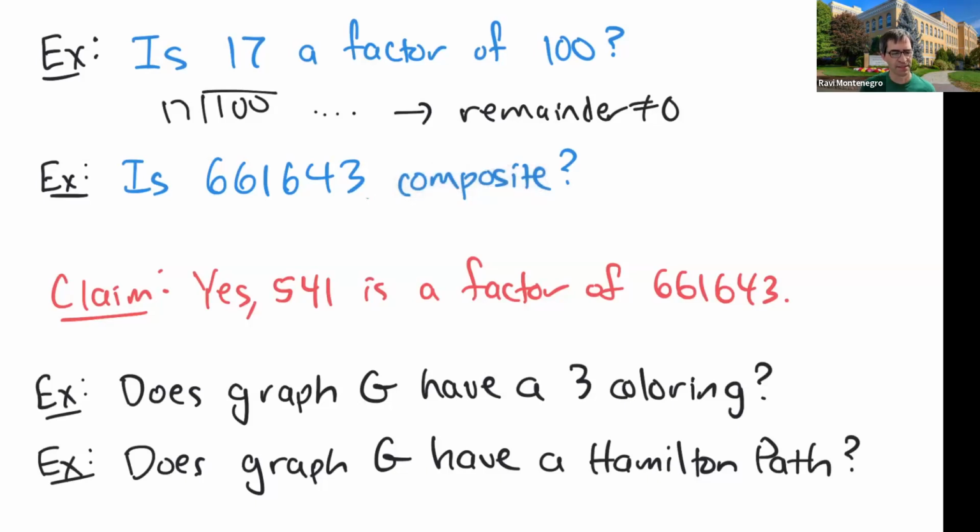Let's ask another question. Does this graph have a 3 coloring? I haven't given you a graph, just does a graph. Well, this is very surprising, but this is an NP complete question. So if you come up with an algorithm that you think can answer this, meaning you think you can look at the graph and always find out if the answer is yes, then that algorithm can solve an NP complete problem.